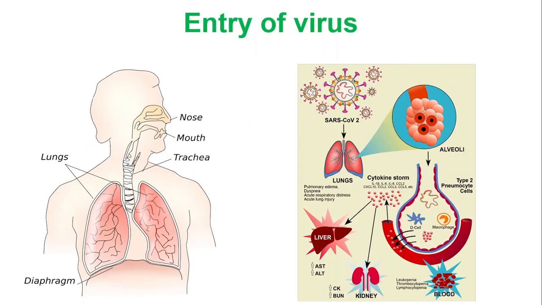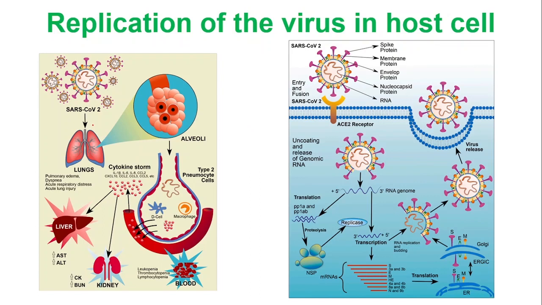Now let's talk about how this virus enters and infects the human body. Suppose this is a coronavirus. It enters through the nose and goes into the lungs. In the lungs, we'll discuss how it enters the cell and develops the disease.